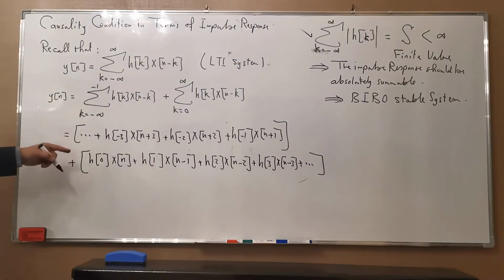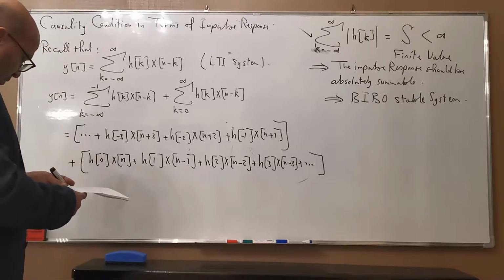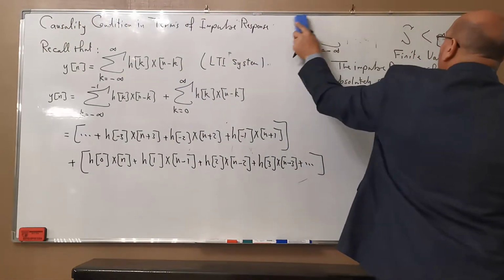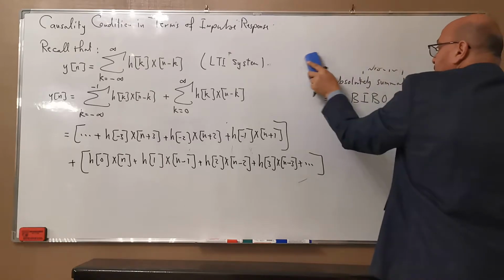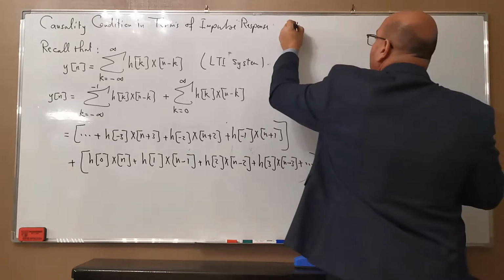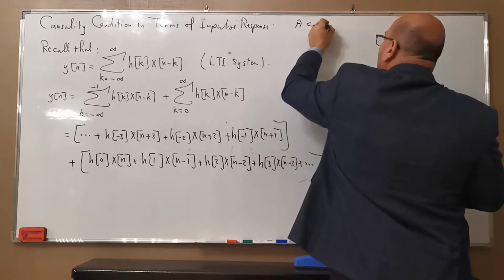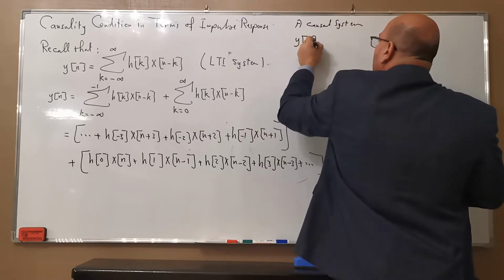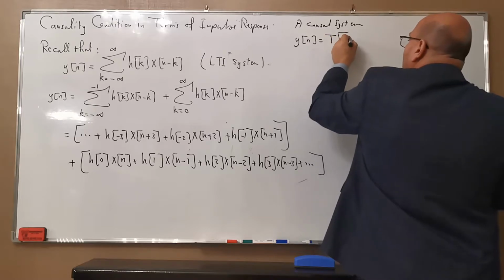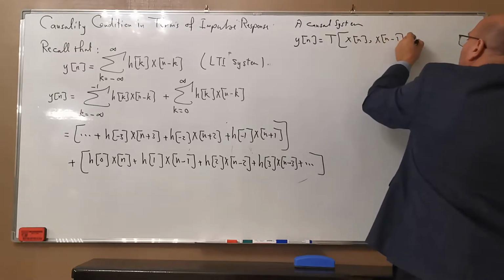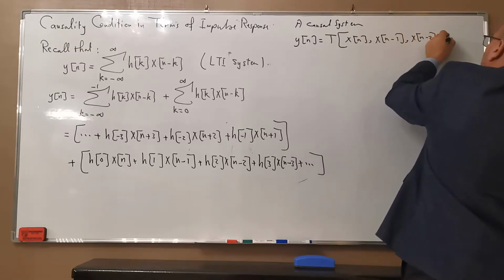Okay? Looking at the first part and the second part, and remembering that a causal system has to satisfy the following. We know for sure that for a causal system, y of n is a transformation of x of n, x of n minus 1, x of n minus 2, and so on.